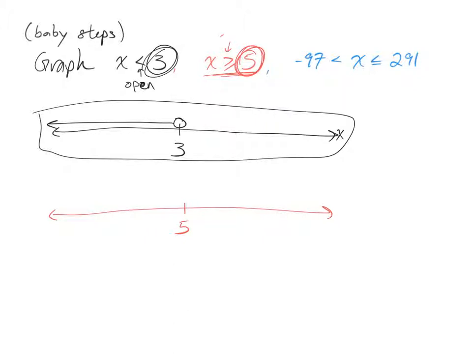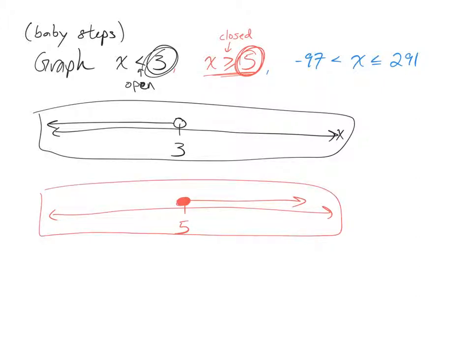So for my second step, I know I'm going to have a closed dot because of that equal to. So do that. And then since this is numbers that are greater than or equal to 5, that means I will be going to the right. So there is the graph for the red one.